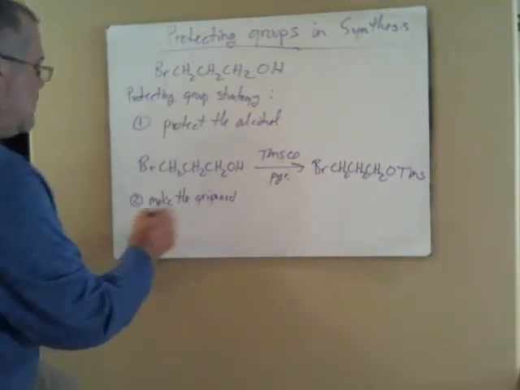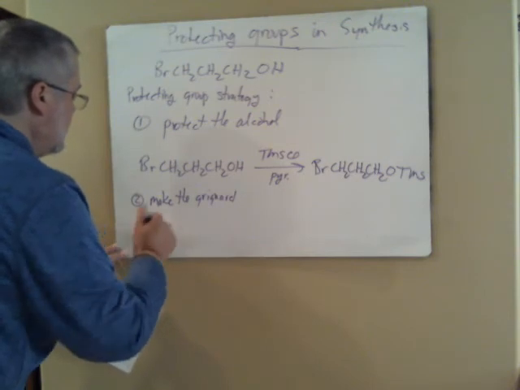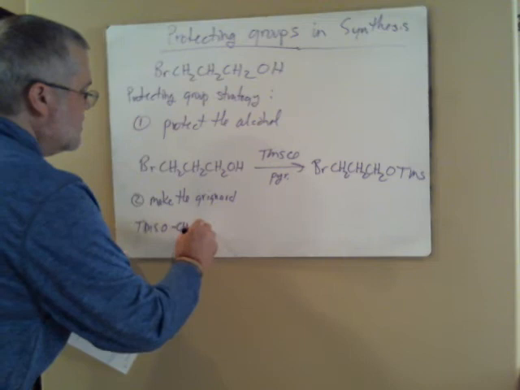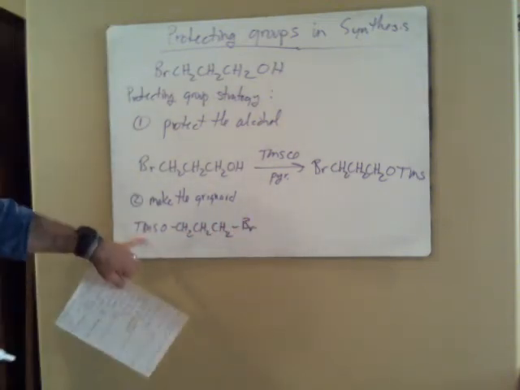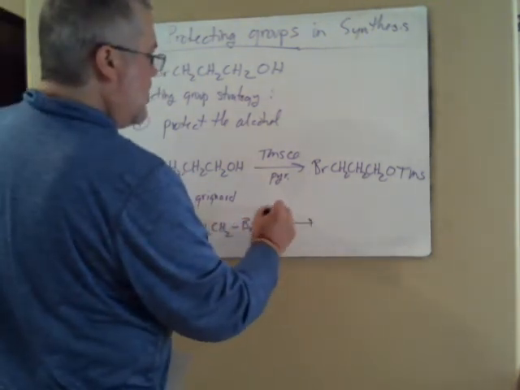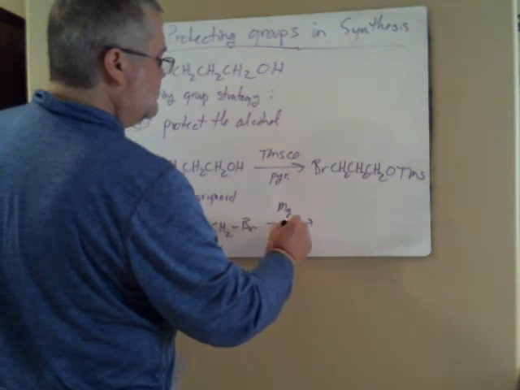Okay, and to do that, I'm going to take and I'm going to kind of invert the molecule just to make it easier to look at here. So I have my TMS ether and my halide. And to make the Grignard, remember, all I do is magnesium metal and ether.